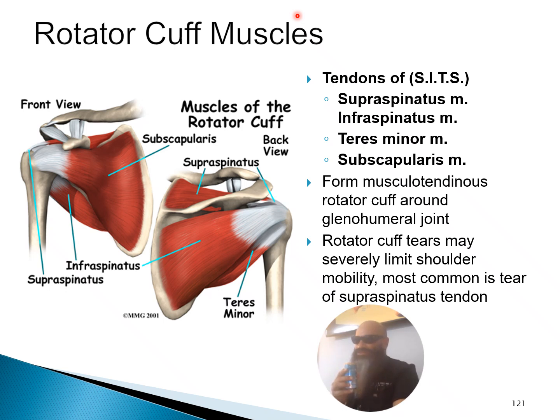These four muscles, their tendons, the actual tendons where they insert, make the rotator cuff. The muscles are called rotator cuff muscles. So it's basically a huge congregation of tendinous material that three of those four muscles insert at the greater tuberosity, and the one, subscapularis, inserts at the lesser.